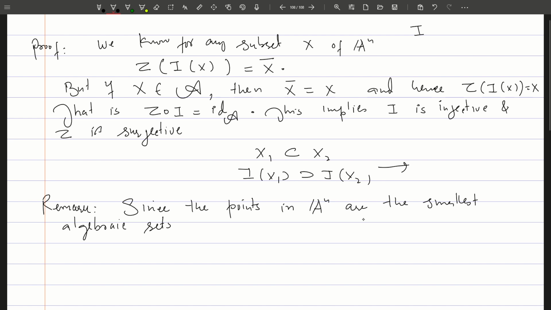So they should correspond to the maximal ideals. The maximal ideals.